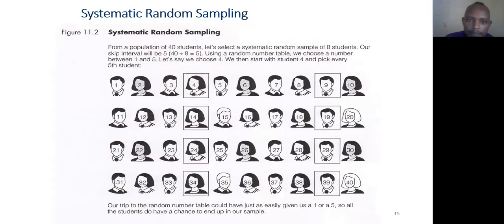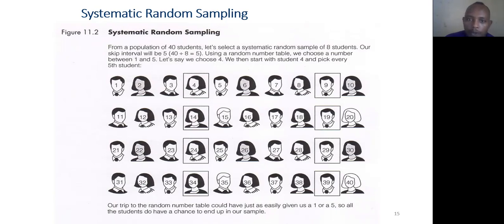Look here. Types of systematic random sampling method. This one is proportional. I will come back to that. Let us assume that there are 40 members in the population.